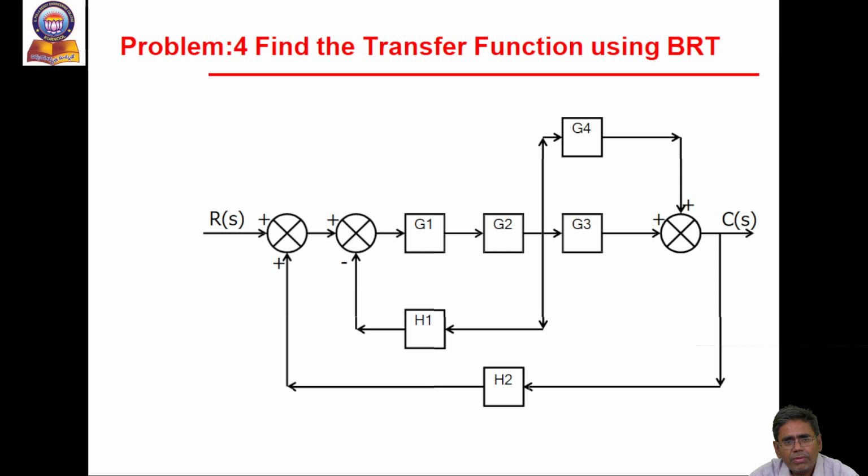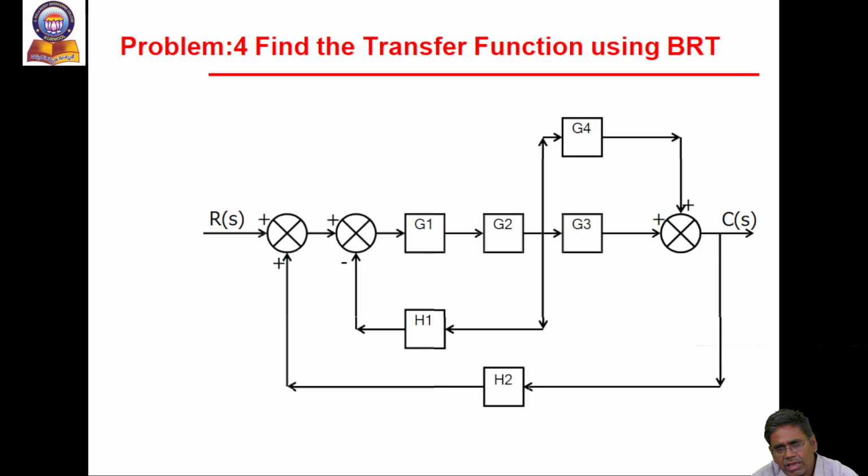Next, one more problem. The second problem: reduction of a block diagram by using block diagram reduction techniques. G3 and G4 are connected in parallel, then G3 plus G4, and another is eliminating the inner loop.